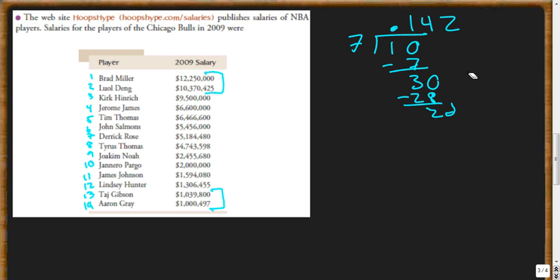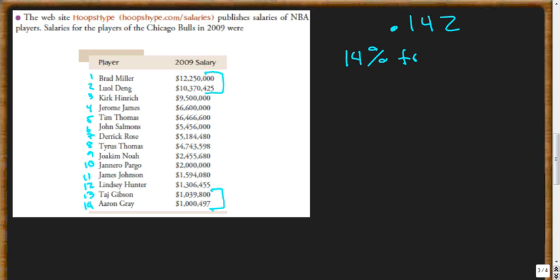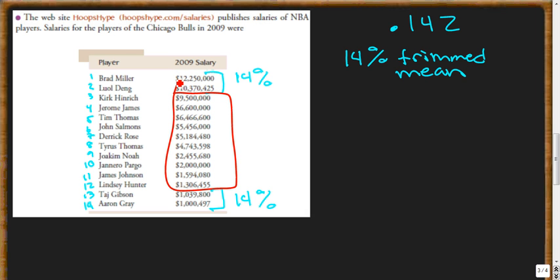About a 14% trimmed mean, so we can call it that. So this is 14%, and this is 14%. You wouldn't call it a 28% trimmed mean, it's just 14 because you're taking it from each side. But somebody, actually all of you guys, find for me what this average is. I don't have a calculator on me, so go ahead and do that for me for homework as well.